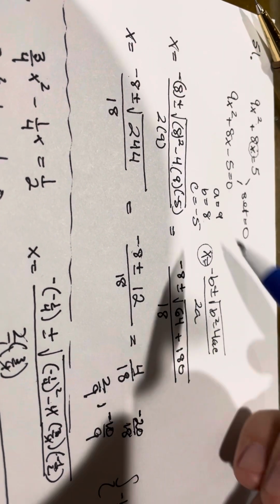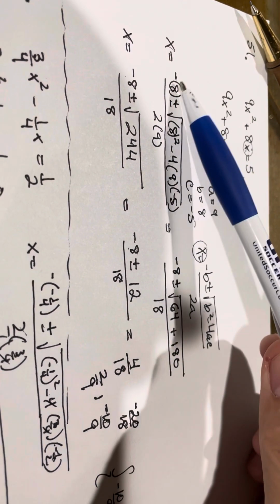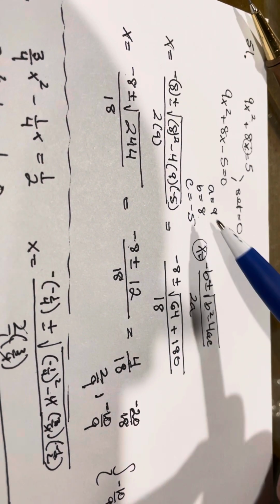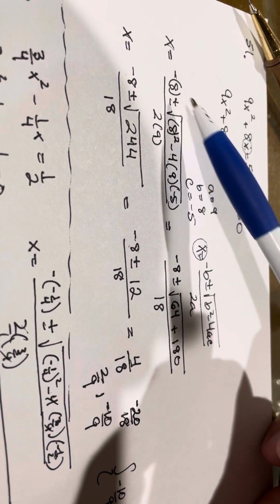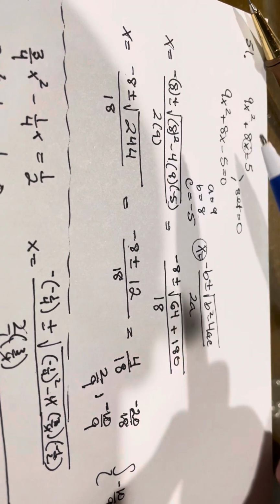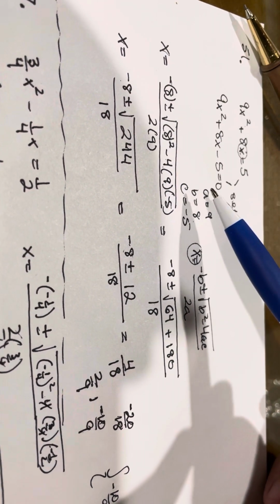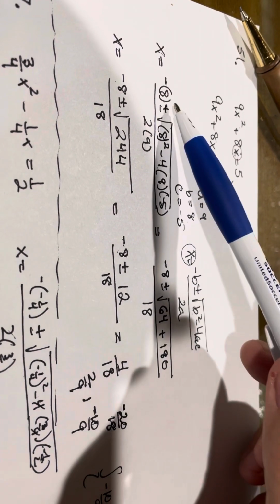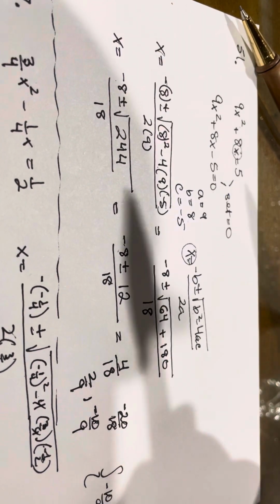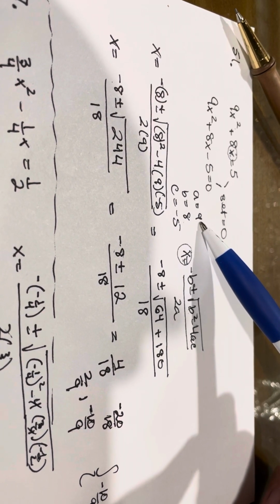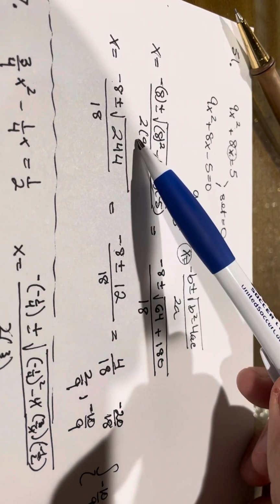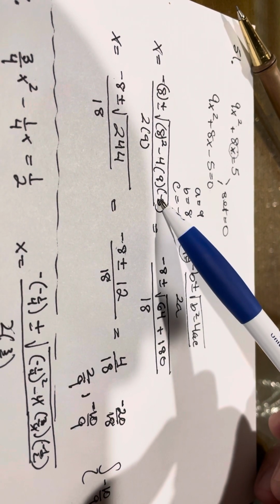So it'll look like this. The negative is part of the formula. And so the 8 will pop here and pop here. Notice I put parentheses around it to avoid confusion, but also to make me think, oh, these are just the places that stuff gets put. The a is 9, so the a goes there, and then c is negative 5.